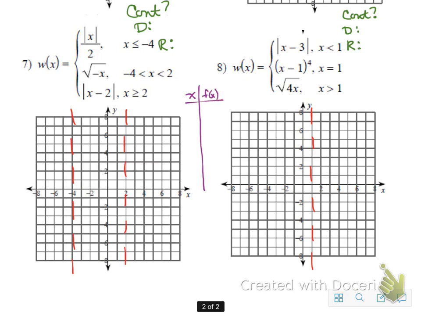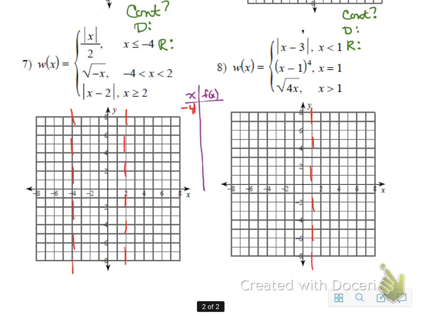Right, and I'm going to start with numbers to the left of my first border, right? So where x is less than or equal to negative 4, which means I'm plugging it into absolute value of x over 2. Well, I really want to know what's happening at negative 4, because it's defined there on this part of the function. So I'm going to plug in negative 4. All right, let's see what's happening.